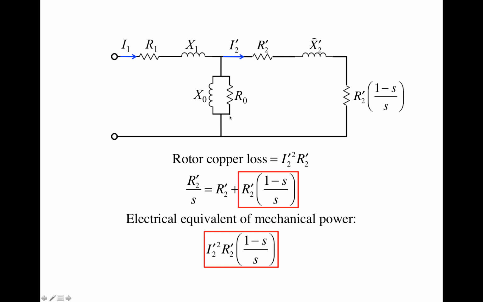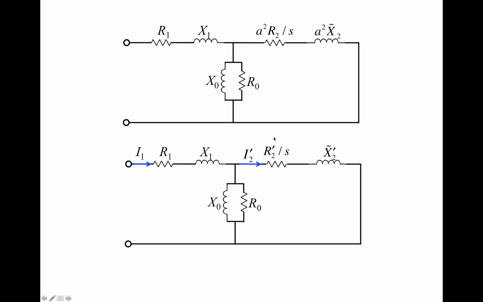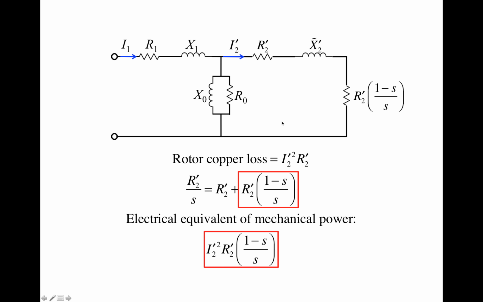So we know that R2 prime is the apparent resistance of the rotor side winding appeared on the stator side, right? But what exactly is the resistance R2 prime divided by S? What exactly is this resistor? To understand that, let's try to split this particular resistor into two terms.